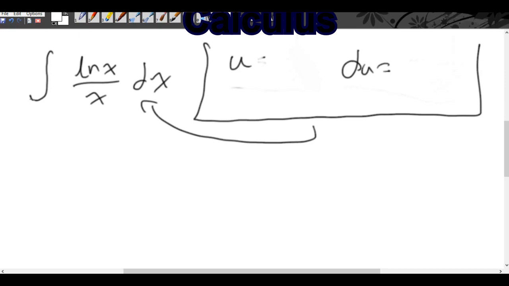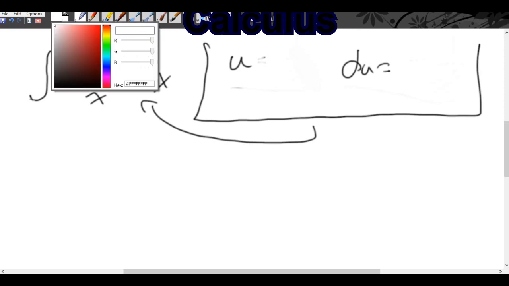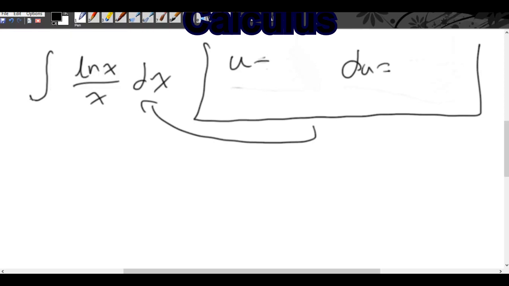Okay, it's right here. So u is going to be ln x. And note that the derivative of ln x is 1 over x dx.